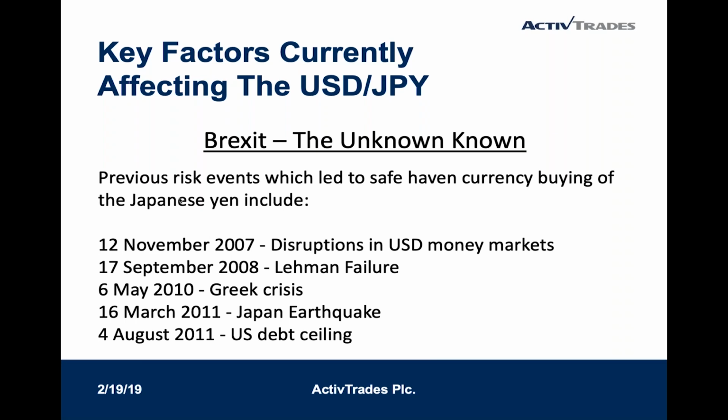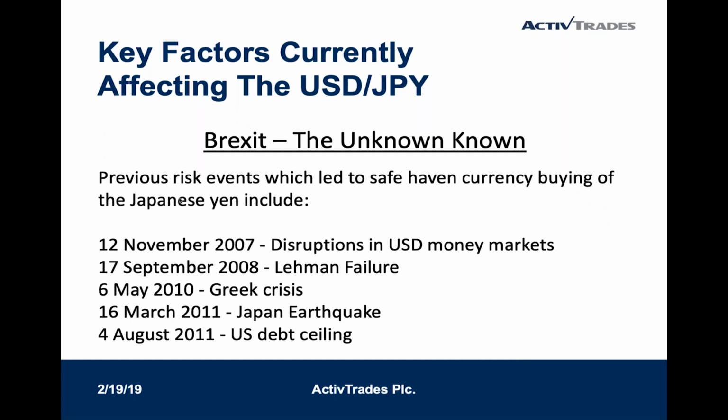And I've put here previous risk events which led to safe haven currency buying of the Japanese yen did include, in 2007 there was a disruption in the US dollar money markets, which then led on to 2008, which was the Lehman Bank failure.